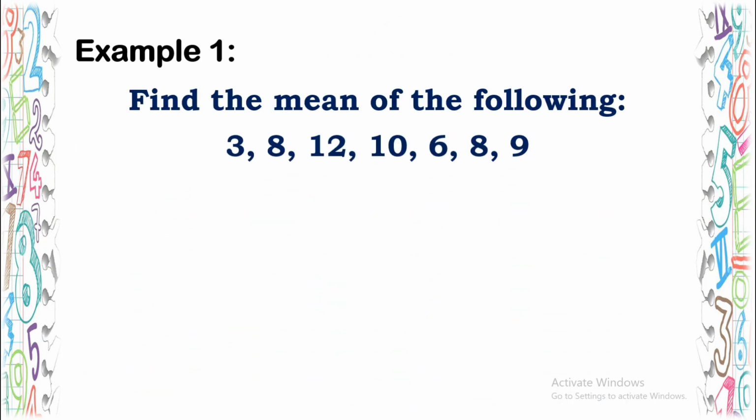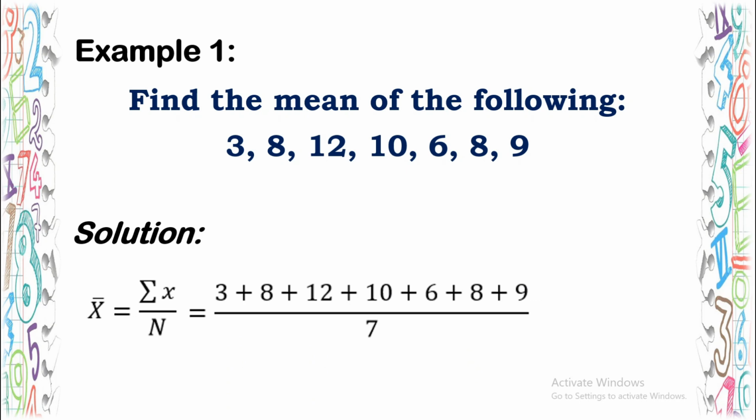First, find the mean of the following: 3, 8, 12, 10, 6, 8, and 9. So to solve for that, let's use the formula mean is equal to the summation of x over n. The summation of x is simply the sum of all the data values. So that's 3 plus 8 plus 12 plus 10 plus 6 plus 8 plus 9.